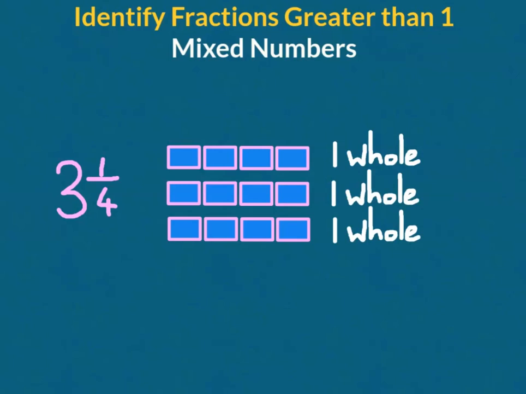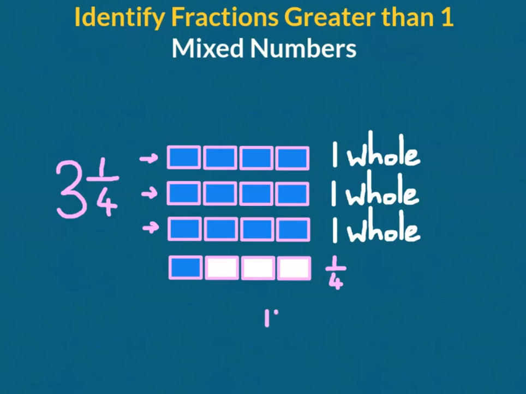Here we've got the visual representation of 3 whole parts. Now let's look at the 1 part of 4 remaining. To find the improper fraction, all we have to do is count up the parts. 4, 8, 12, and 1 more is 13. 13 quarters.